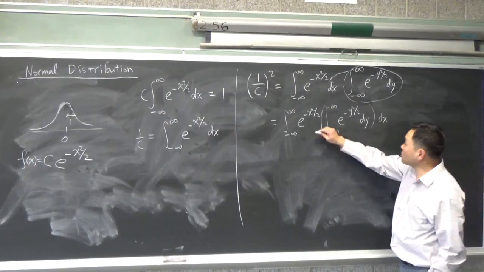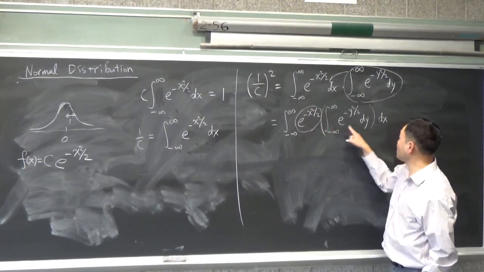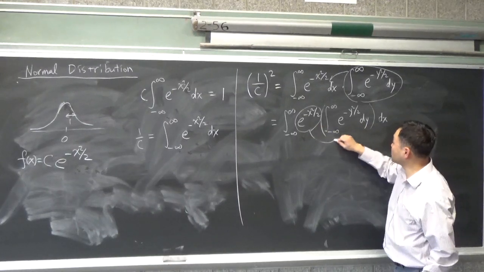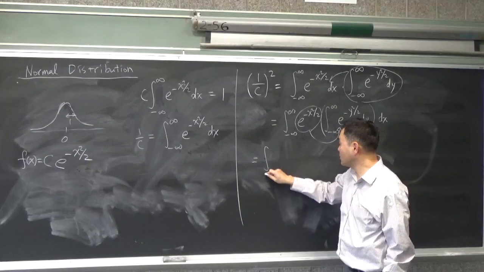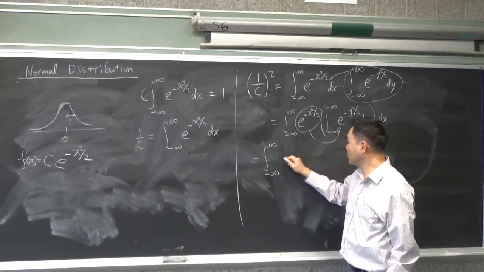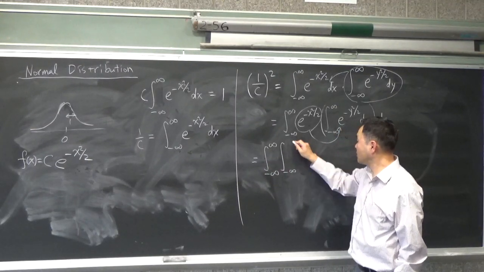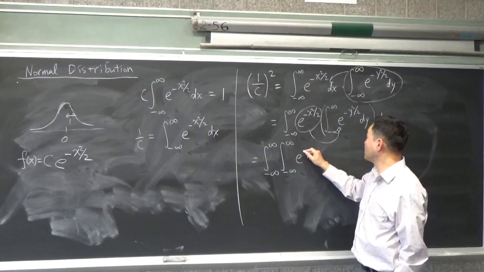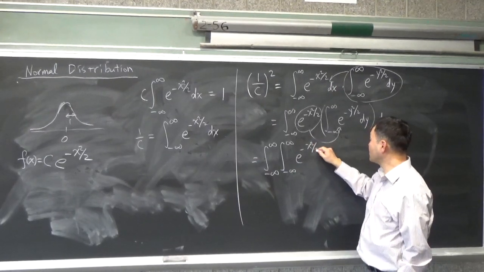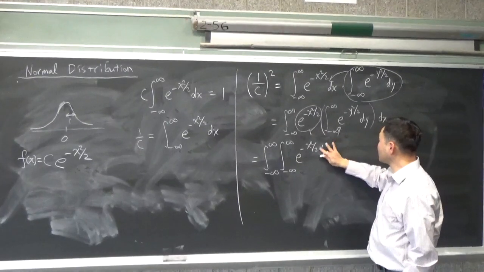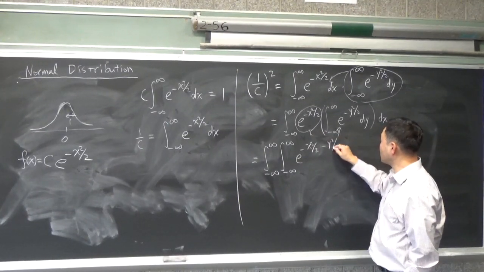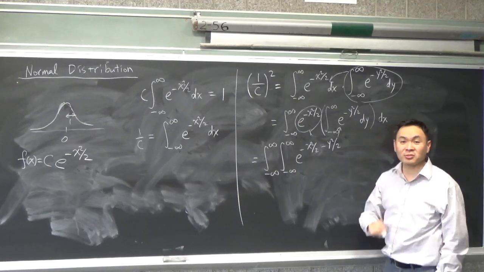And I can now say that has nothing to do with this dy, so I can put this inside as well. So now this becomes a double integral. In other words, you cannot do this integral if you just did Calc 2.